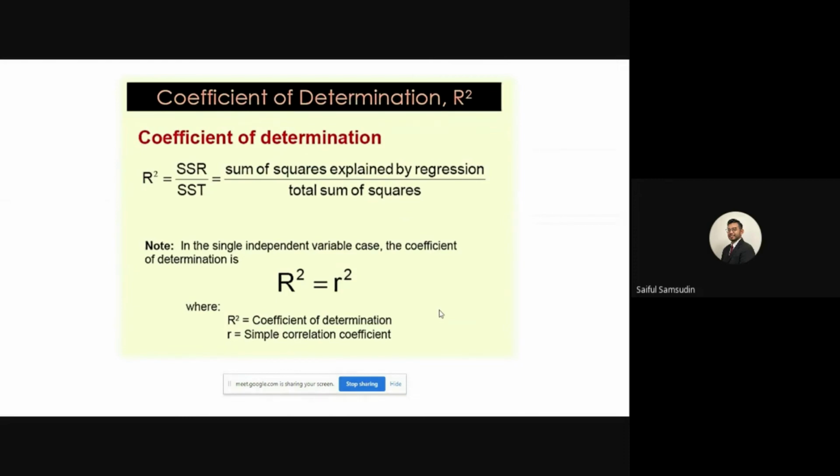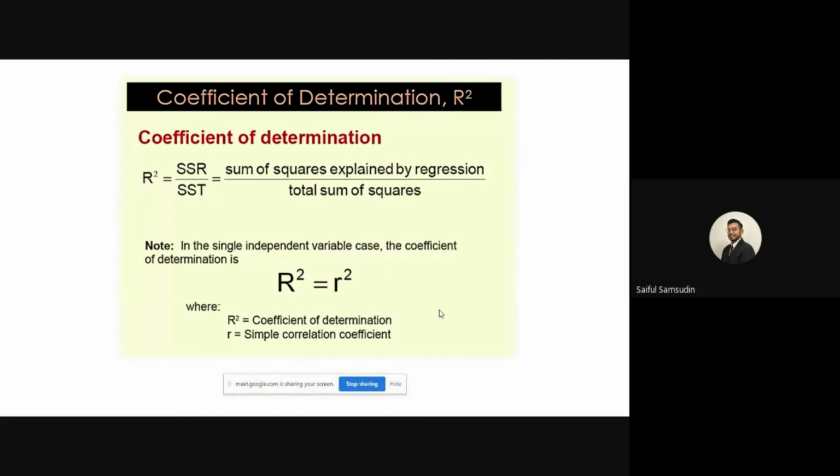So you also get the point, awak semua dapat gambaran yang hubungan di antara variable itu memberi kesan yang baik kepada model anda, or when you use a very good correlation between two or more variables, it will give you more accuracy, or a more precise prediction model using MLR.